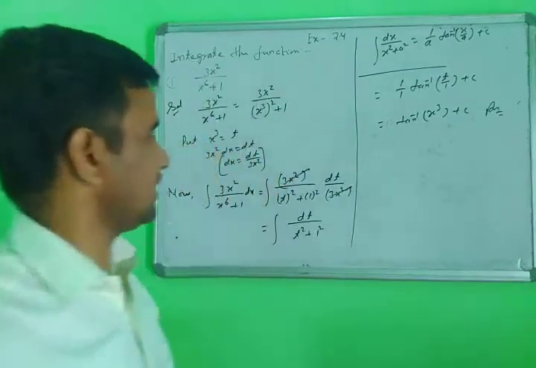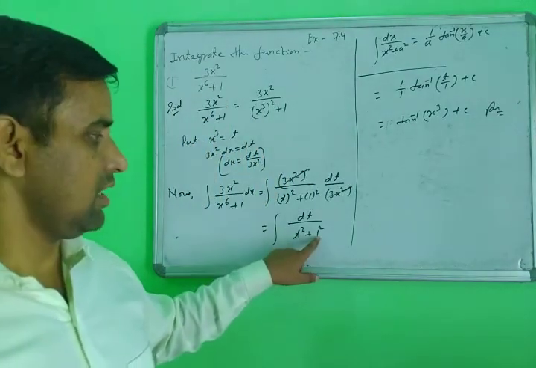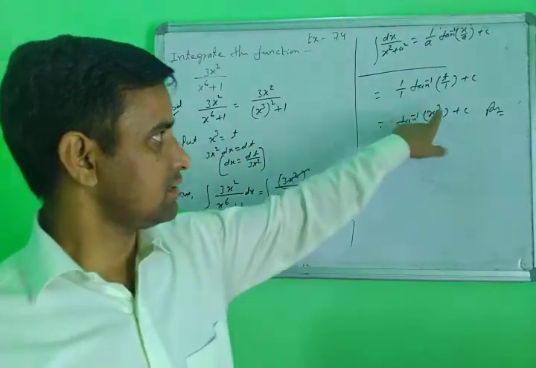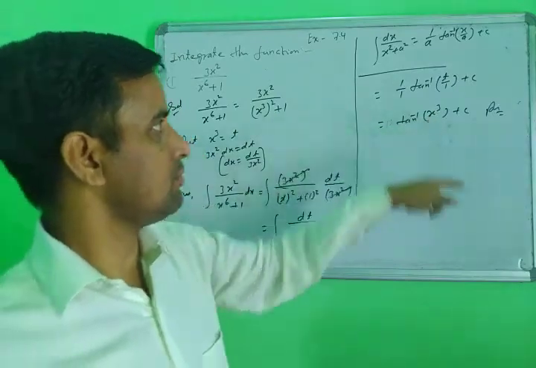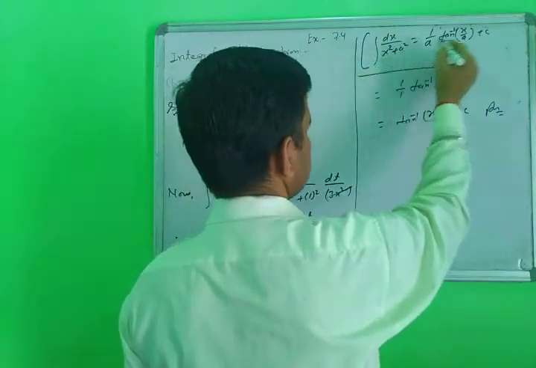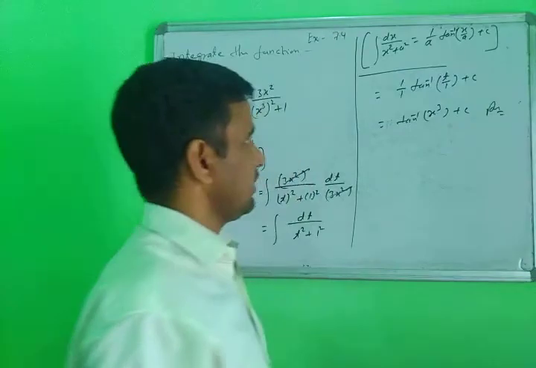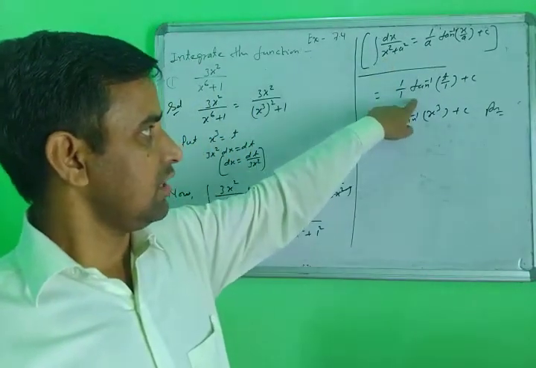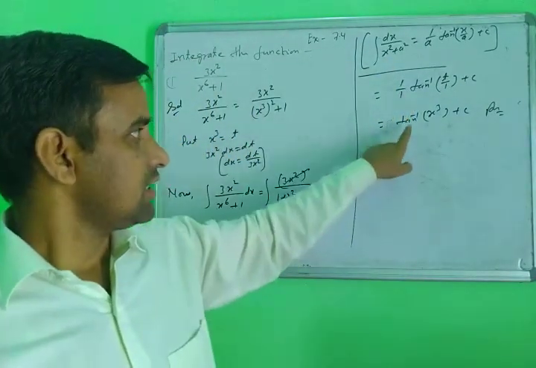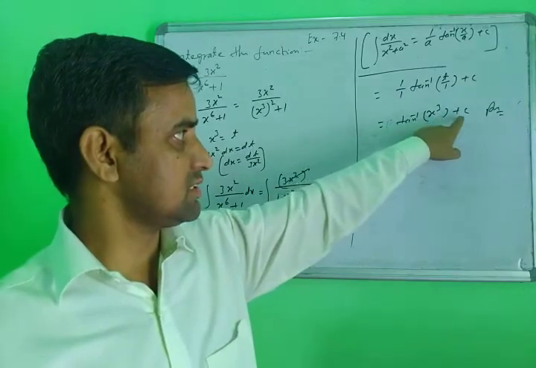Upon 1 is the same here. So according to this identity, the integration of this portion is tan inverse x cube plus c.